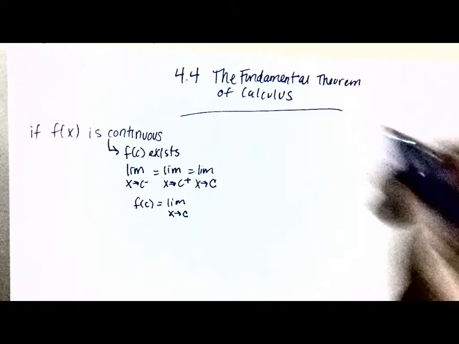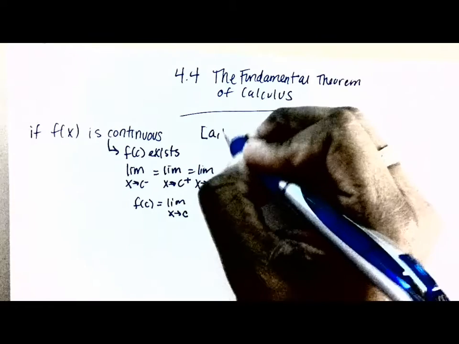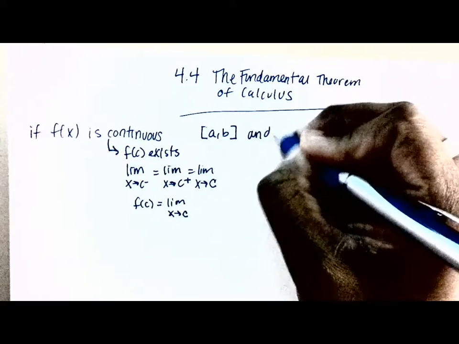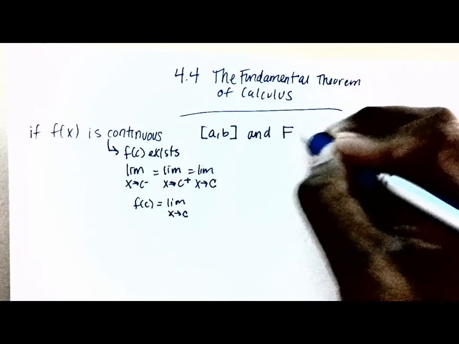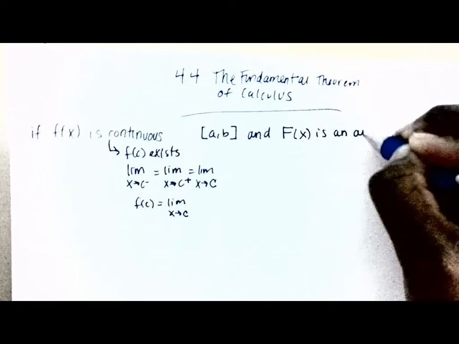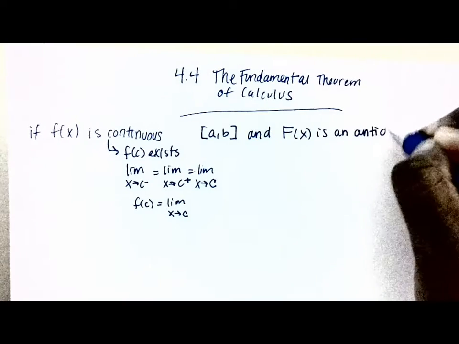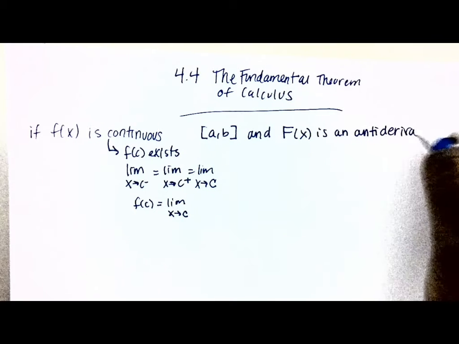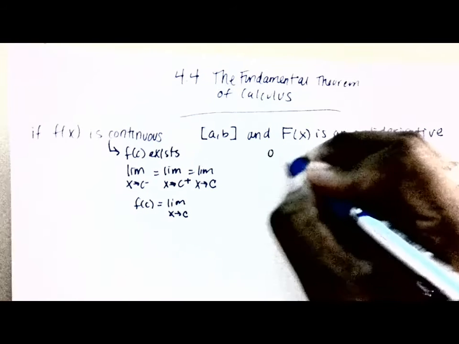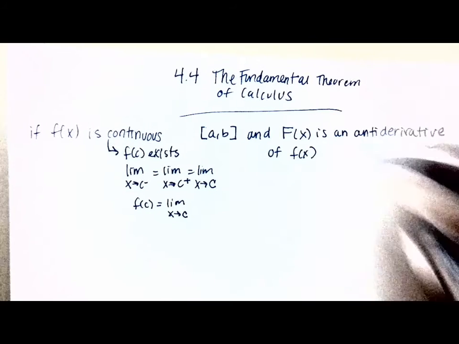Alright. So it's continuous on a closed interval, a to b. And now this notation is important. Big F of x is an antiderivative, so that means we can take the antiderivative of little f of x.